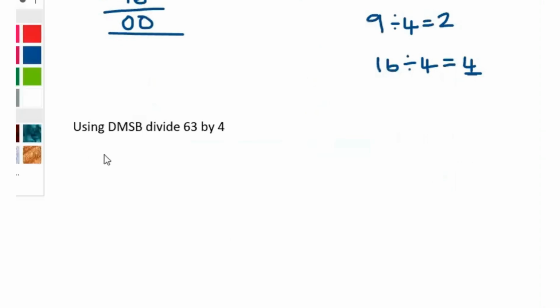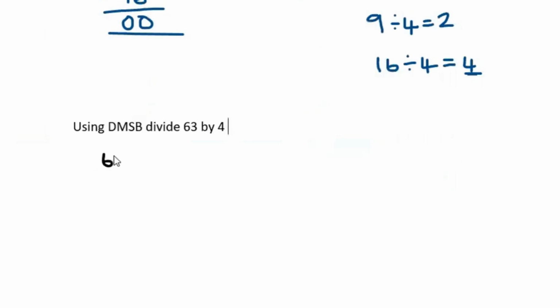We've got our 63 here. Then we're dividing that by 4. So 4 is the number that has to be outside, and then 63 has to be inside the bracket.